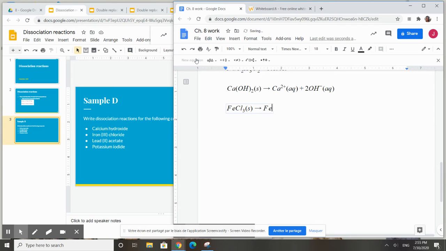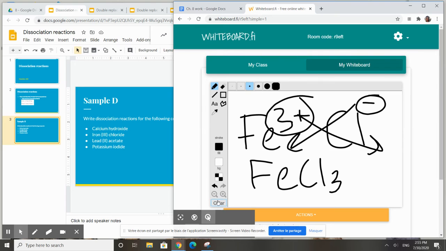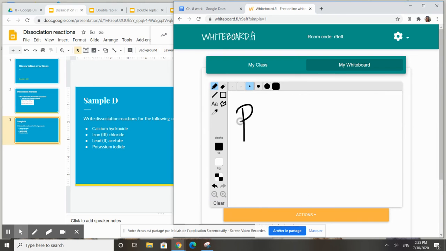On the right side, I list the charges and make them aqueous. And then I need to balance it, so I put a 3 in front of the chloride to make it all balanced.